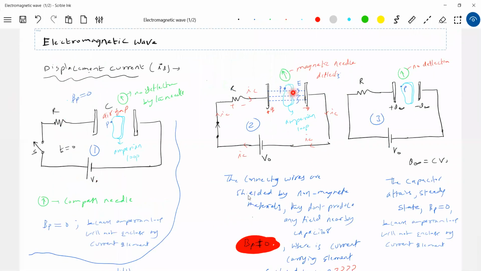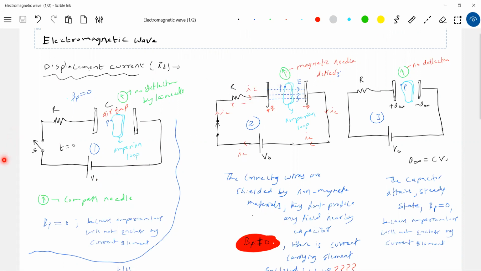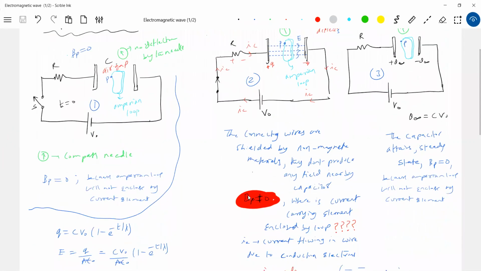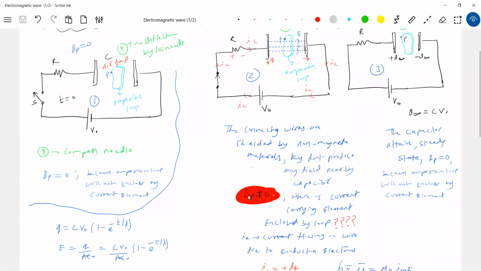Due to that displacement current the magnetic field is non-zero, and there is no conduction current. I think I should not show any displacement current like this, it's not justified, because there's nothing like a conduction current. The time varying electric flux will produce a magnetic field. So to explain using Ampere's circuit law, we are introducing a concept called displacement current, better called current density.